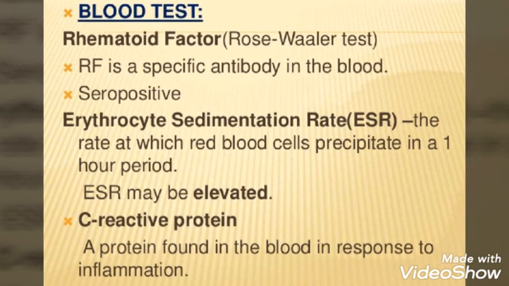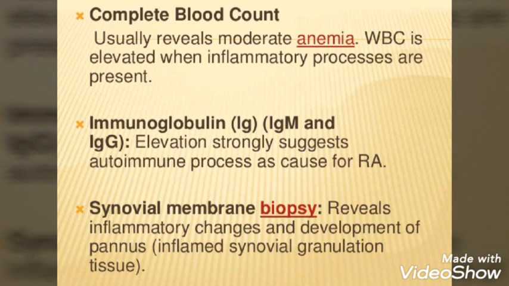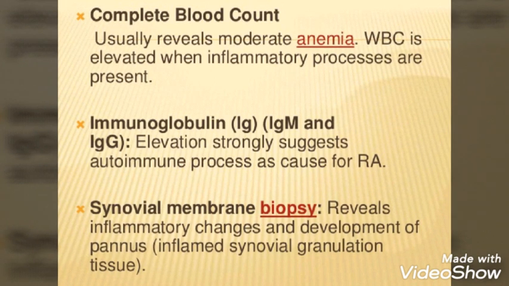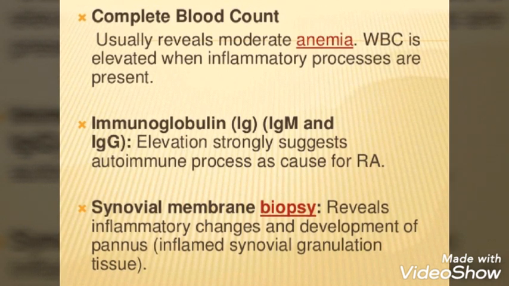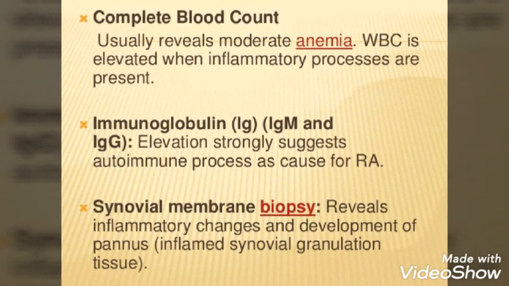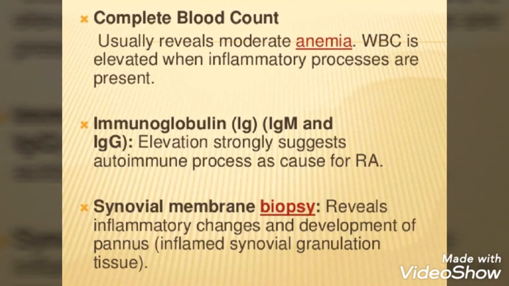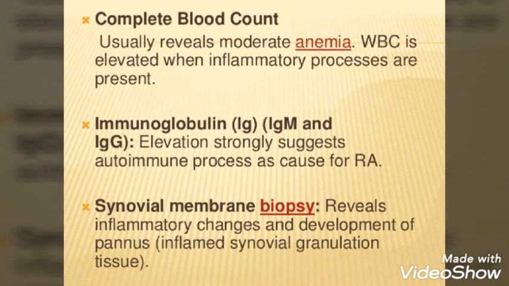Then C-reactive protein. Then next is complete blood count. In that you will see that the patient will be anemic. WBC count will be elevated, which shows that inflammation is present. Then immunoglobulins you will be checking, that is IgM and IgG. So an increase in immunoglobulins will also show the autoimmune response in a patient.